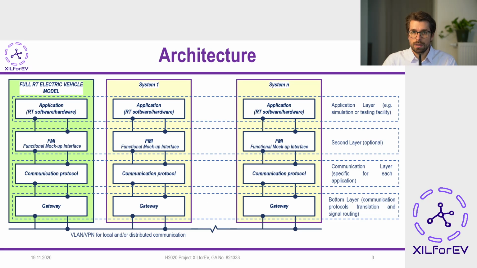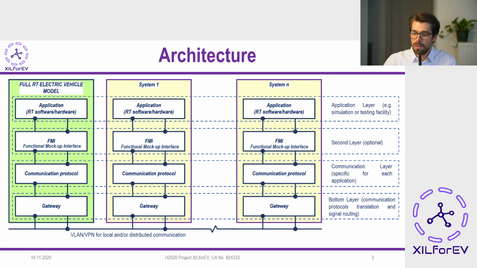First, it's important to define an architecture for communication, and you can see our defined architecture now. We have 4 layers. The top layer is the application layer, where the simulation or the testing facility sits, and the second layer is the optional functional mockup interface. Then we have the communication protocol, where we identified UDP as the performant protocol for data exchange in our case.